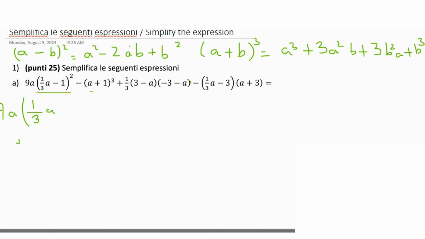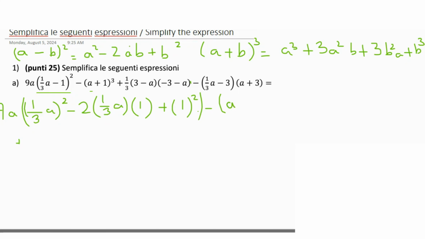So we would take a square of that, minus 2 times 1/3 of a, and our b is 1, plus 1 square, minus, now we are going to break down this one.